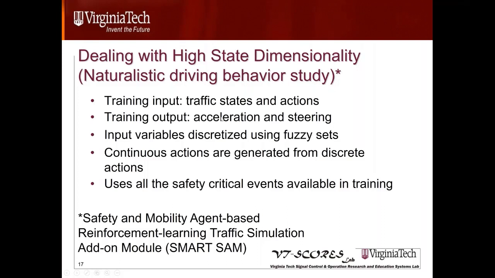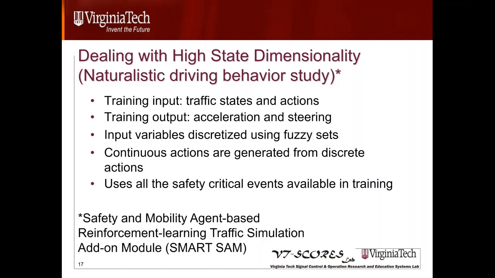So in this case, we're not just dealing with the car following model, but also the lane changing behavior. And the input variables, since they could be anywhere because they are continuous variables, when you look at the input being the speed and the difference in speed and difference in range, the delta X and delta V, they could be any value. So we need to discretize them.